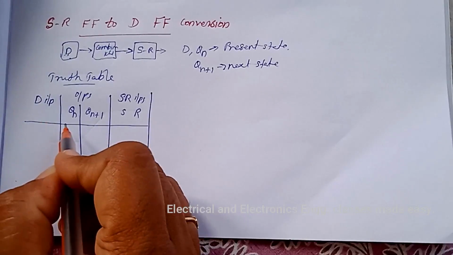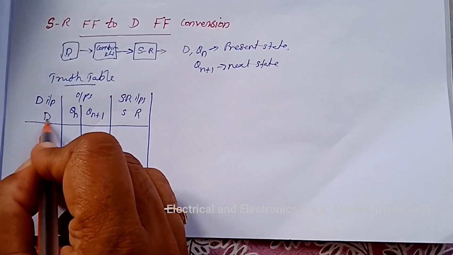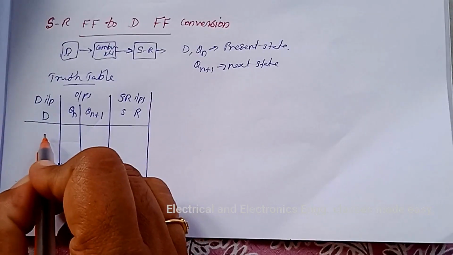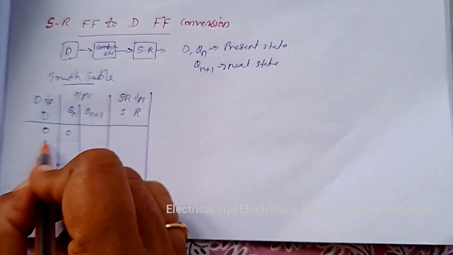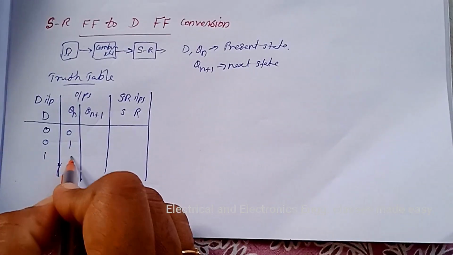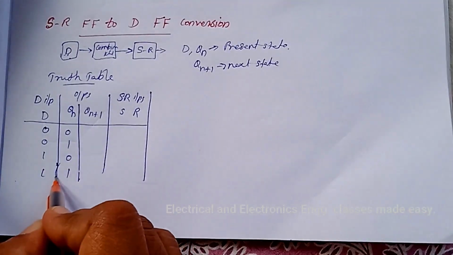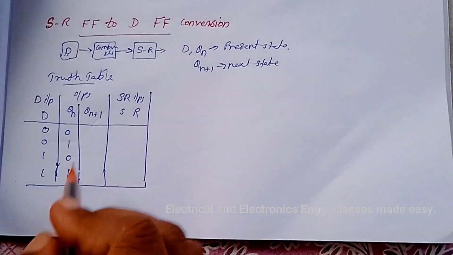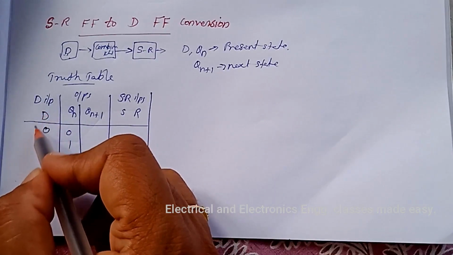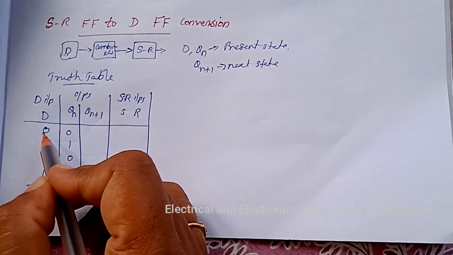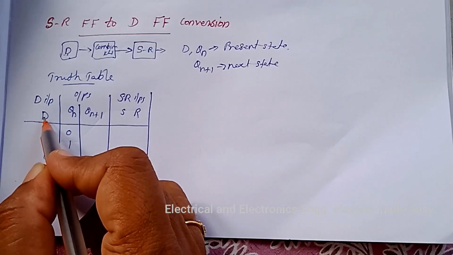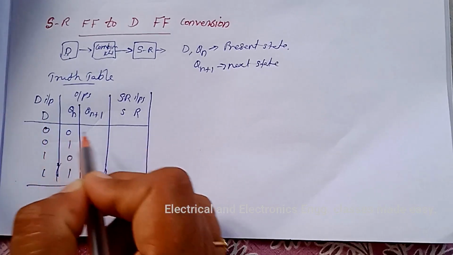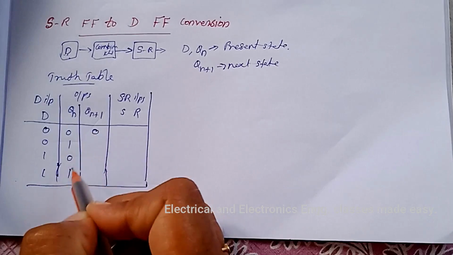So here the possible combinations with D and Qn are 4, that is 0 0, 0 1, 1 0 and 1 1. So in the case of D flip-flop, while giving 0 input to D flip-flop, the output will be 0.